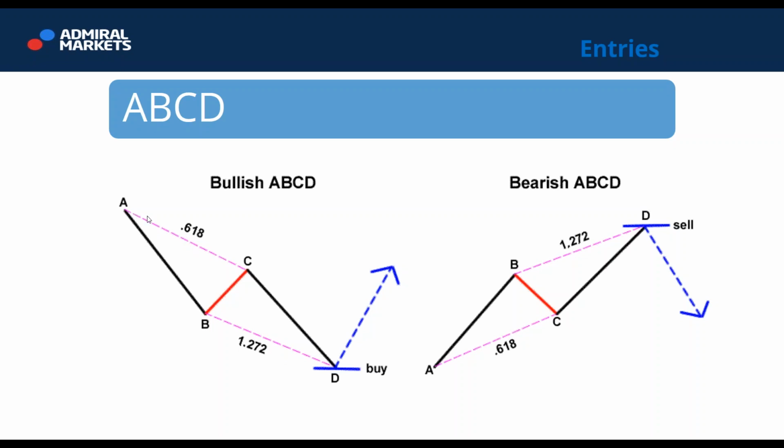For example, if I see that A to C is 30.2, let's say 30 or 31.2, and that BD is 1.110, I don't take the pattern as valid. So the indicator just helps you by showing you the ratios, and you need to determine as a trader whether to take the entry, whether the pattern is valid or not.